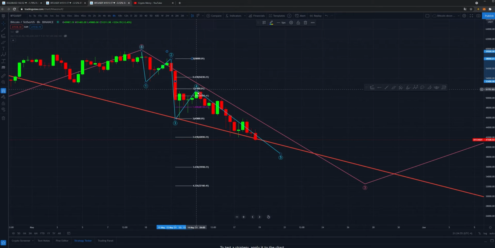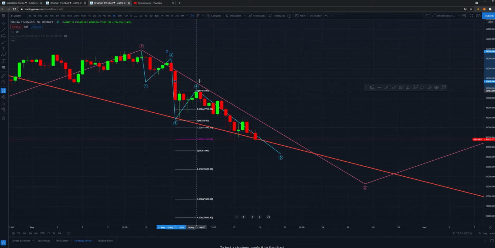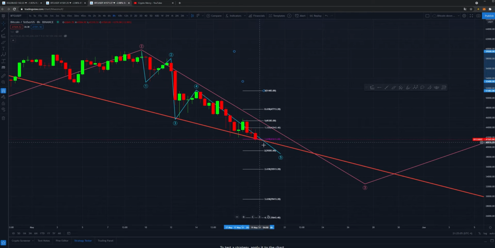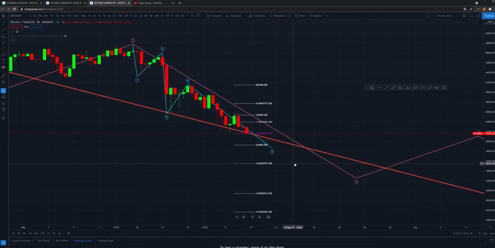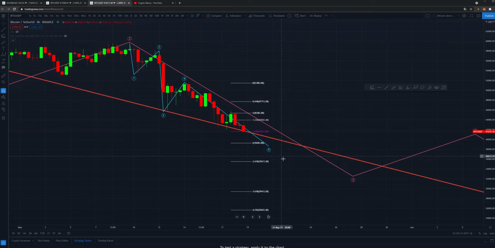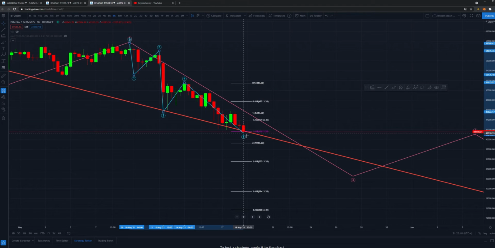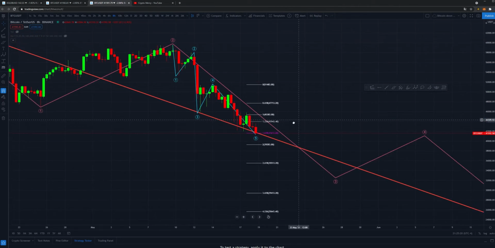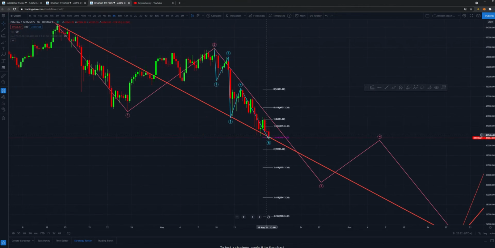After that, we retrace in a wave 4. And if you want to know the destination of this wave 5, you bring your Fibo on the top of 4, and the 1.618 is a very nice target for a wave 5, but it can also be lower than this. But this will be a very nice target for this wave.